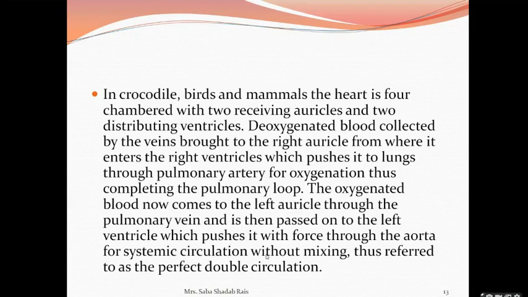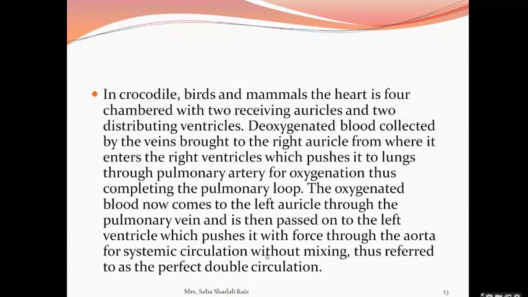I will be very specific here. Deoxygenated blood brought from the systemic loop, or systemic circulation, enters the right auricle, and from the right auricle it enters the right ventricle, and now this right ventricle will push it to the lung through the pulmonary artery for oxygenation.